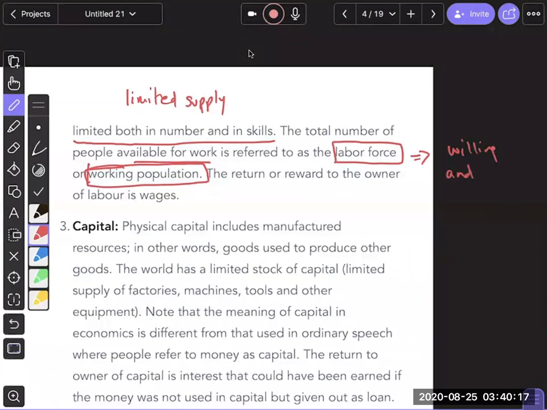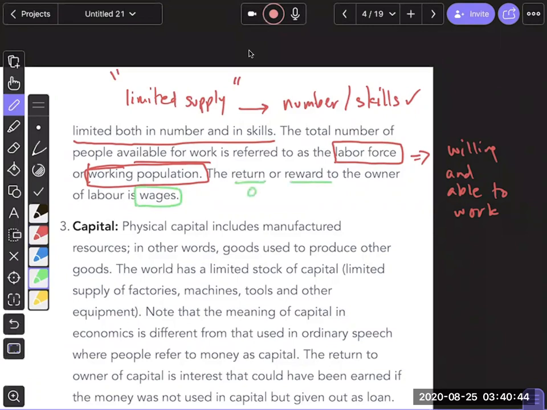And we also know that this factor is limited in supply, not only in terms of number, but also in terms of skills. Make sense, guys? Are we good? Last thing that we need to talk about, which we've already discussed, is the opportunity cost or the return or reward.